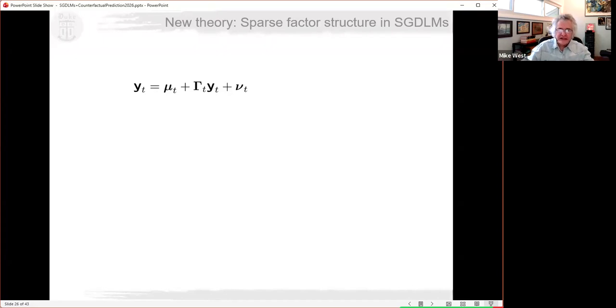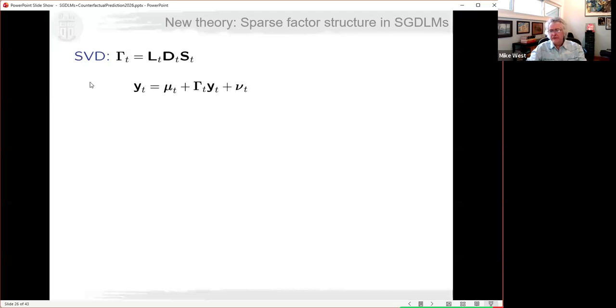I want to come back to SGDLMs and in the reduced form. So we've got individual predictive components in the elements of mu. We've got the crosstalk contemporaneous relationships through this large sparse matrix gamma. It's a multivariate system. And now what I'm going to do is something we all know about, which is to apply a decomposition to gamma.